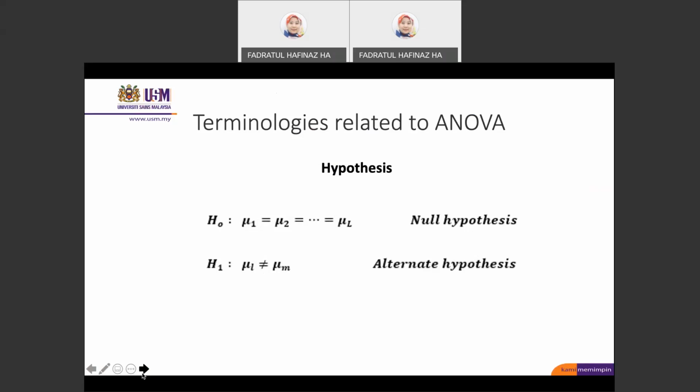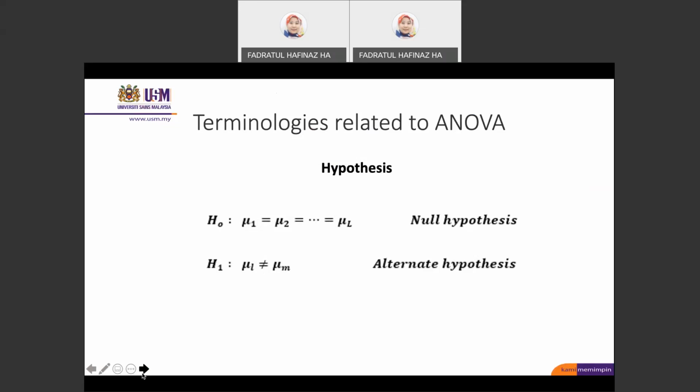The null hypothesis in ANOVA is valid when all the sample means are equal, or they don't have any significant differences. Thus, they can be considered as a part of a larger set of the whole population. On the other hand, the alternate hypothesis is valid when at least one of the sample means is different from the rest of the sample means.